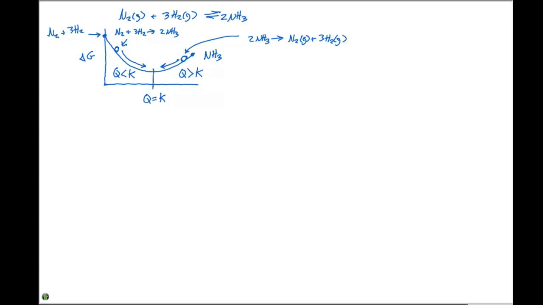So the question is, what do we need to keep in mind in an industrial process? We're trying to produce, or at least we can say our goal is to produce, large amounts of NH3. So the considerations that go into this are the following.